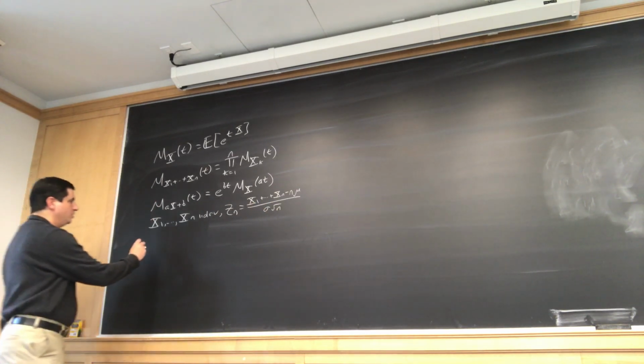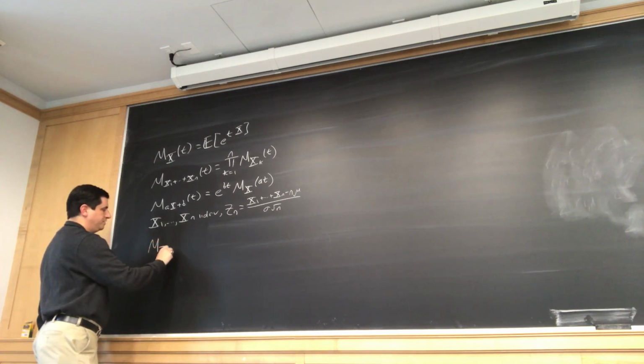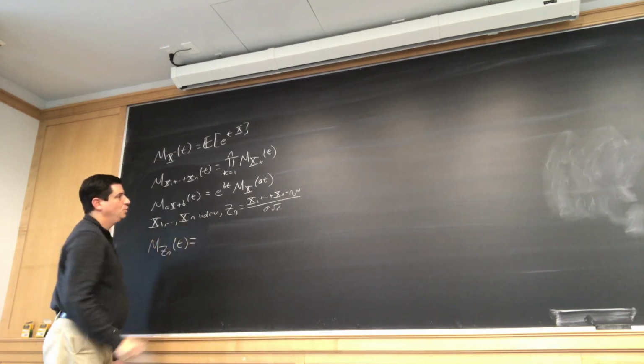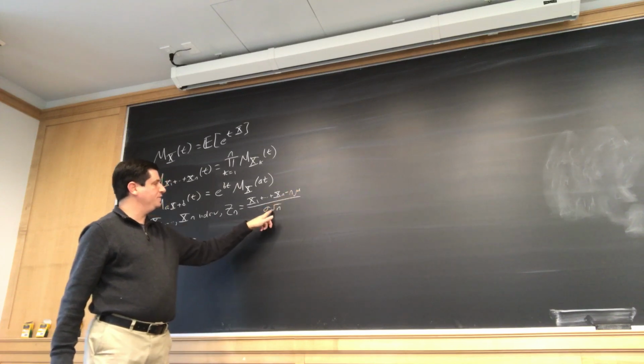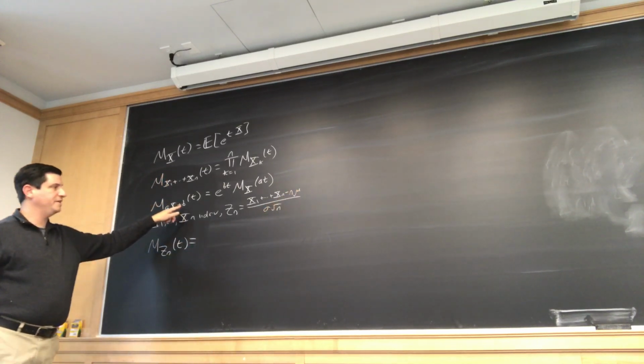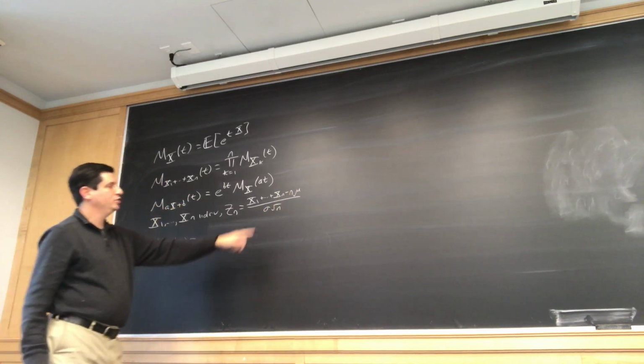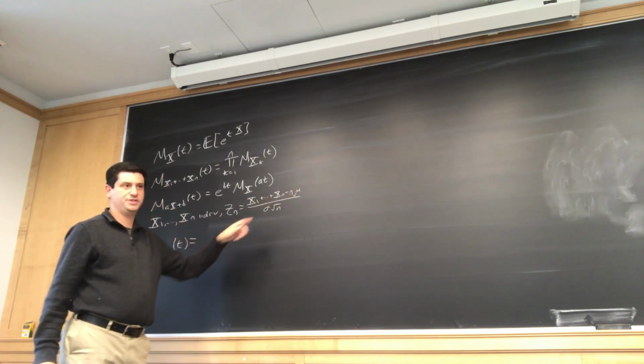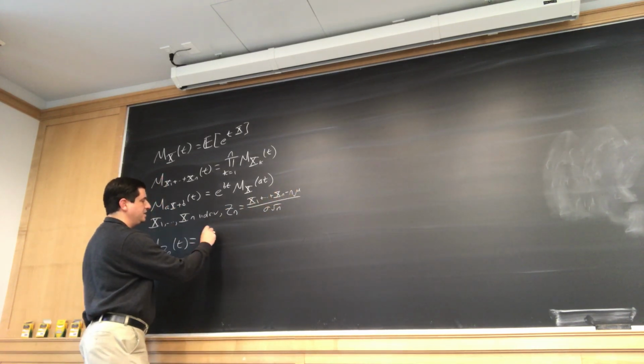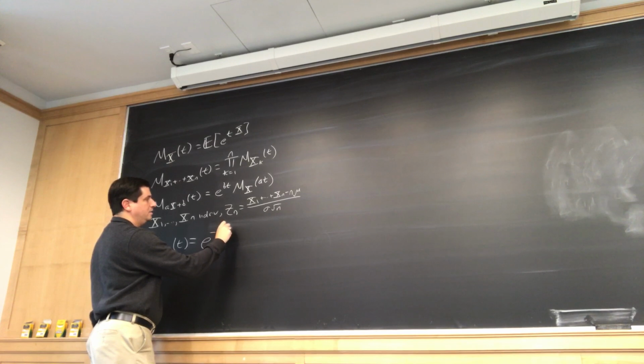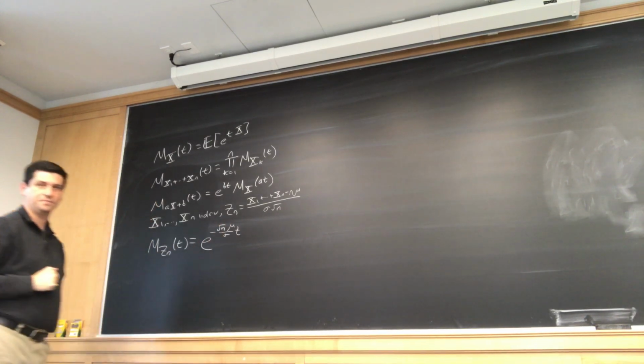And then the big result was the moment generating function of Zn. Well, the negative n mu over sigma root n, that's just taking the value of b to be square root of n mu over sigma. So you get e to the negative square root of n mu over sigma t.